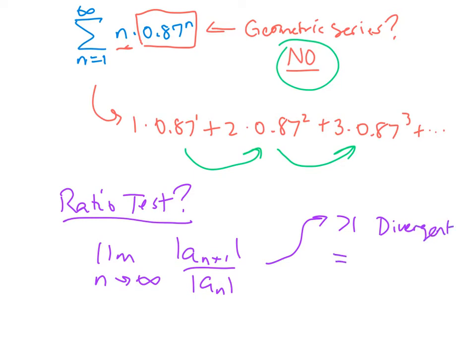If I get a limit of 1, then I get no information, and I have to try some other test. And if I get a limit less than 1, then I know my series is convergent. And that limit's always going to be non-negative because everything in there has absolute values around it, so that sequence term is always positive.